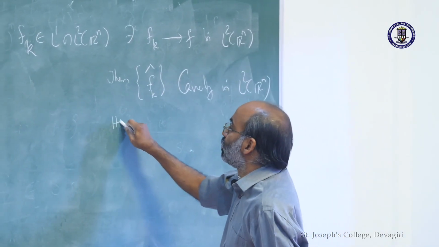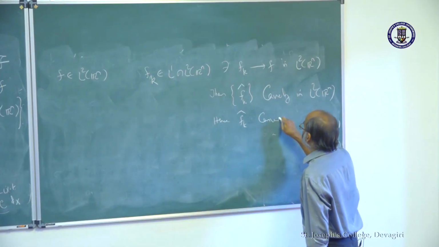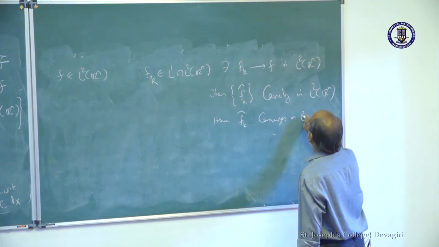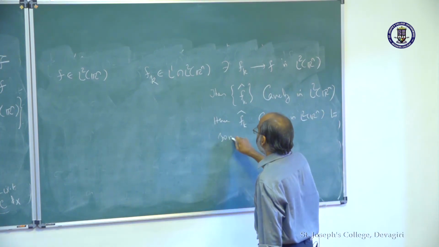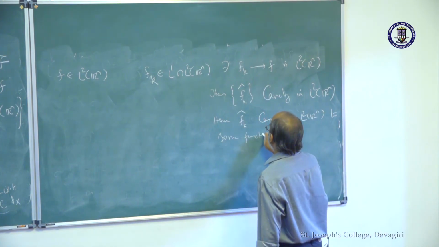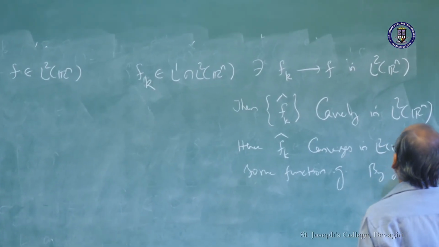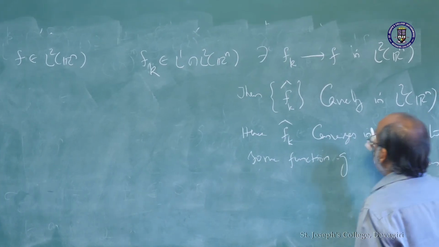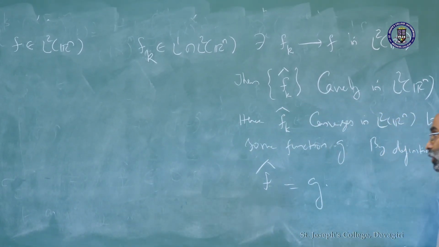Hence f_k hat converges in L2 to some function, let us say G. Now by definition this G is the Fourier transform of F, F hat is G. That is how it is defined.